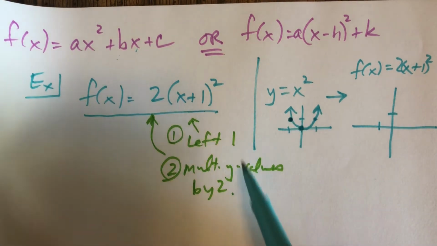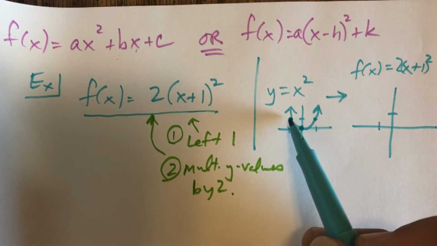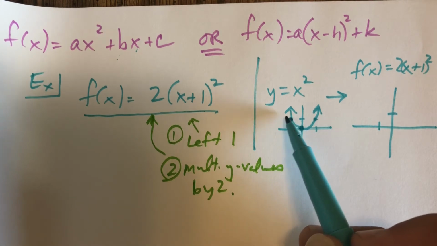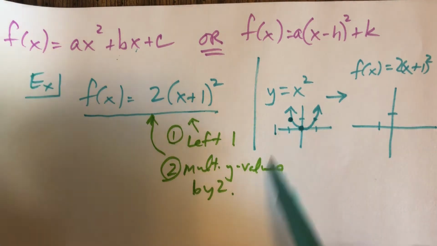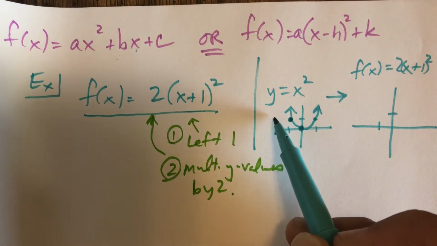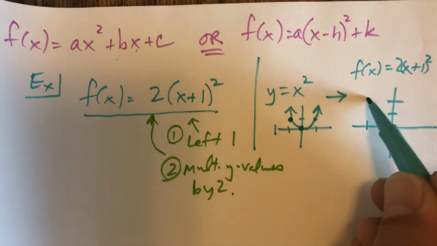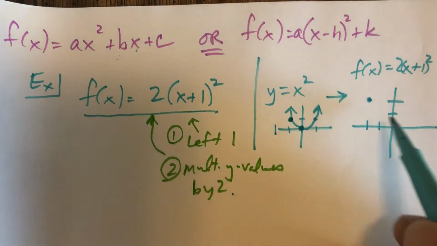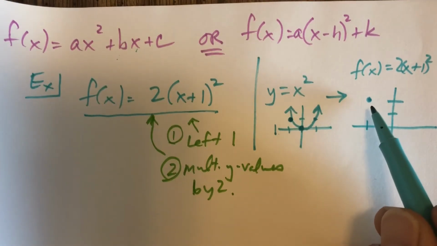I want to move it left 1 and multiply the y value by 2. So if I move it left 1 unit, I'm going to be at negative 2, 1. And then I'll multiply the y value by 2, so we'll be at negative 2, 2. So this point corresponds to this point here when we move it left and multiply the y value by 2.